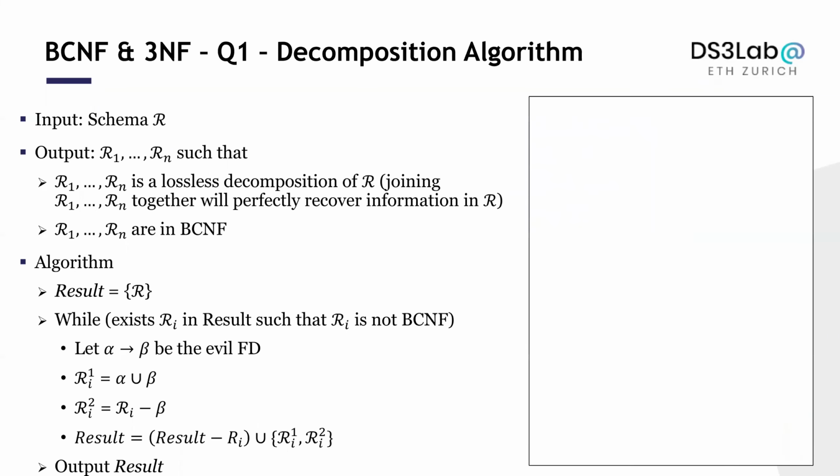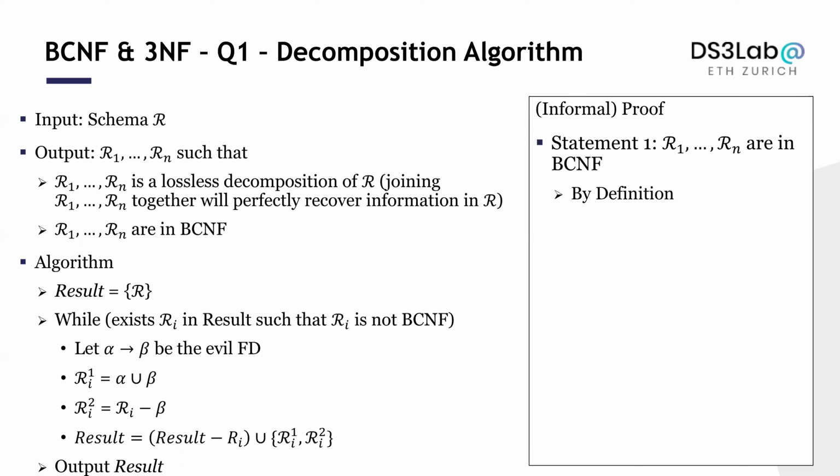So there are multiple statements we can make for this algorithm. The first one is, can we prove it is correct? Can we prove it really gives us the input and output property that we want? Statement number one is that each of R1 to Rn in the result of this algorithm will be in BCNF. In this case, the proof is almost trivial, by definition. If one of the Ri is not in BCNF, the algorithm will not terminate.